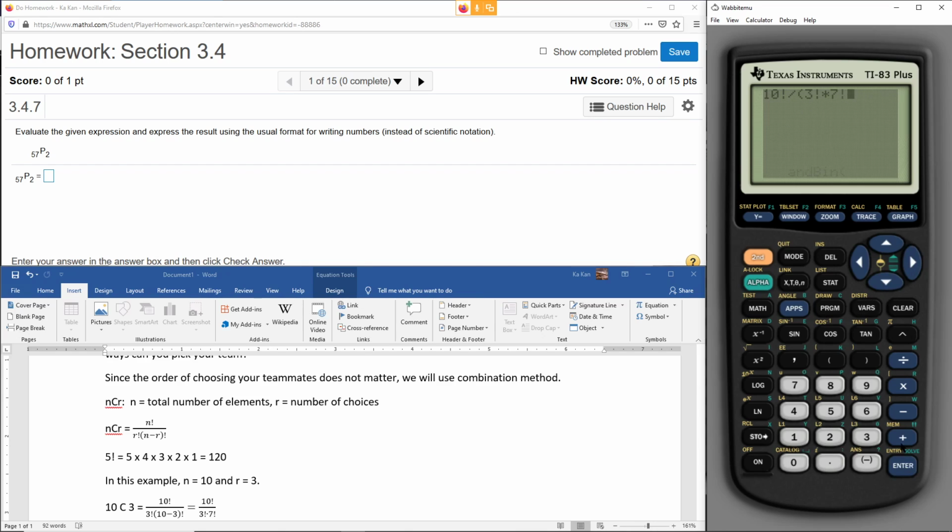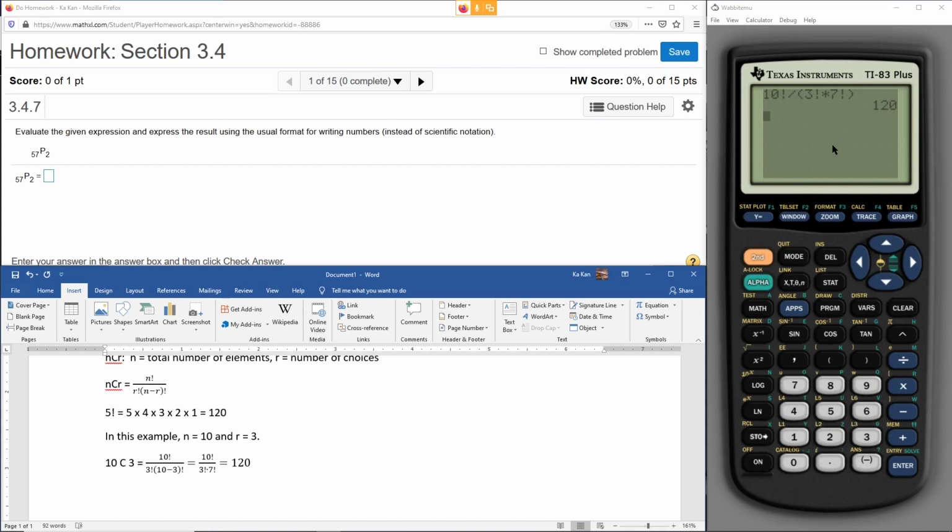Some of you have already seen that the answer is 120, but you saw something on the calculator that can really help us. You don't have to do this.